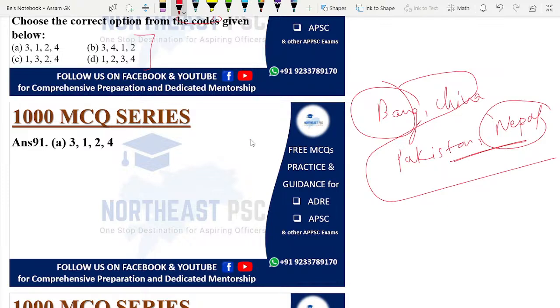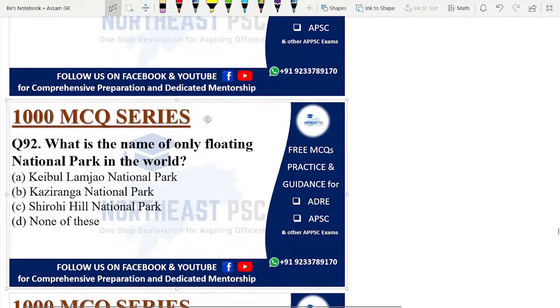Moving ahead to question number 2 of the day. This is a very interesting question. I am sure all of you must know the answer. What is the name of the only floating national park in the world? Is it Kaibul Lamjau National Park, Kaziranga National Park, Shirohi Hill National Park, or none of these?